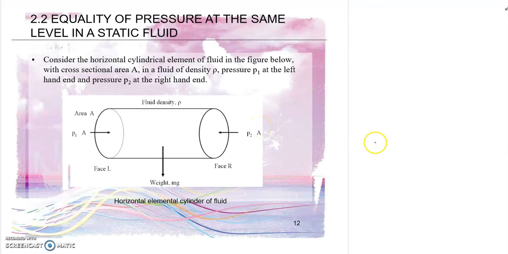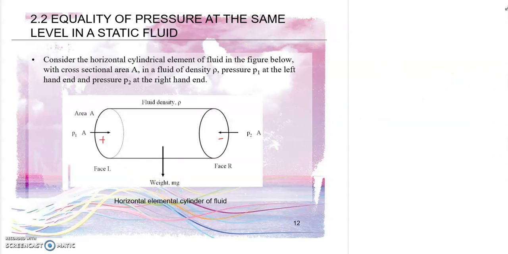Now let's look at this diagram. What if you have a horizontal cylinder? Here you have a pressure exerted on the left side, positive, and also another one exerted on the right side, which is negative, and then the other force, which is compulsory, acting vertically, is your weight.